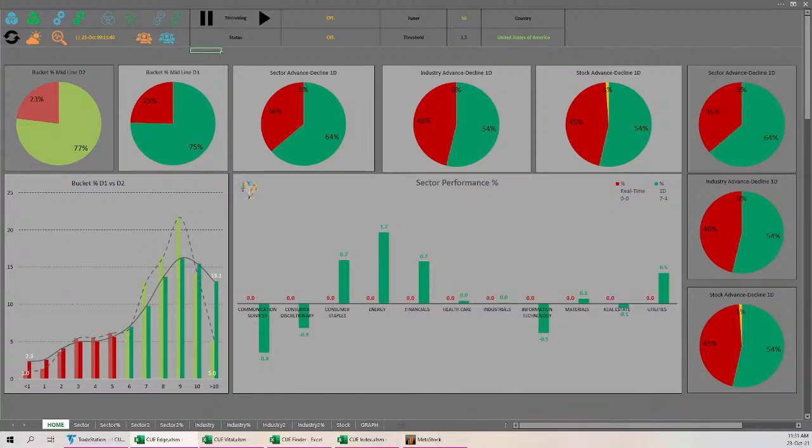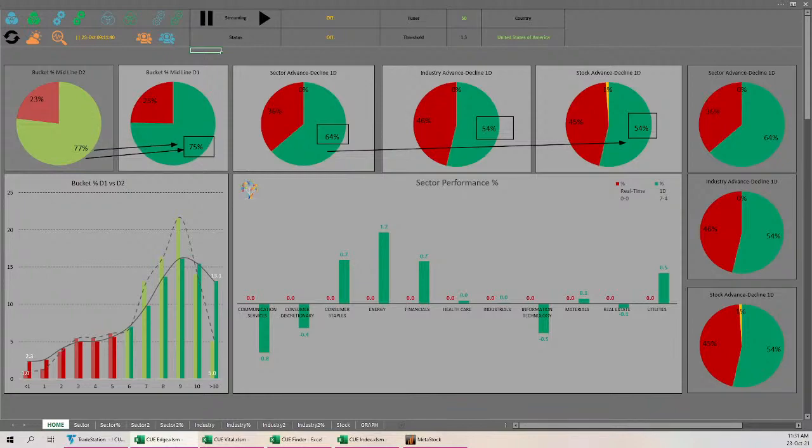Now let's look at the bucket analysis. Between Thursday and Friday, there was a little dip. 2% of the S&P 500 stocks dipped below mid-Bollinger Band. Though the sector stock industry stock advance decline, they were bullish, more bullish than bearish on Friday.